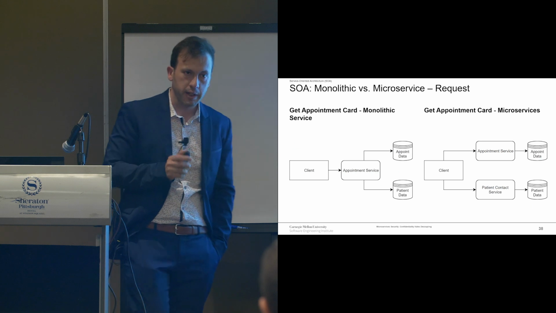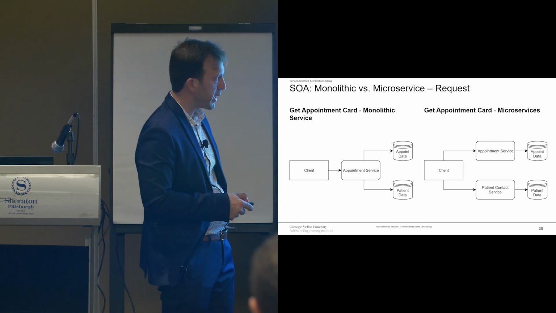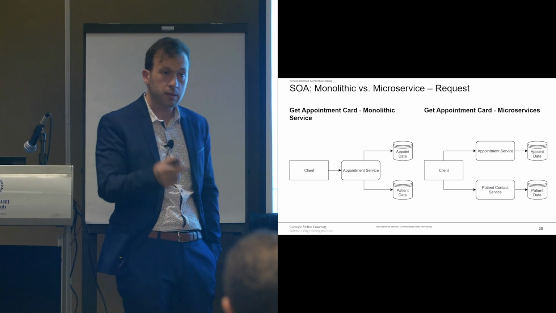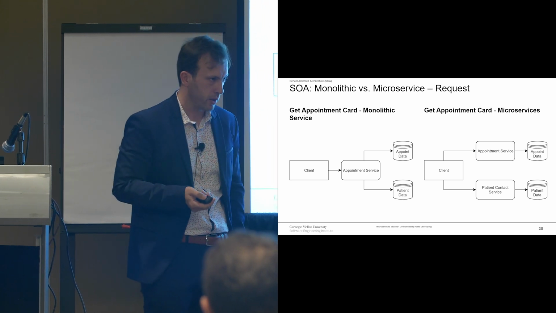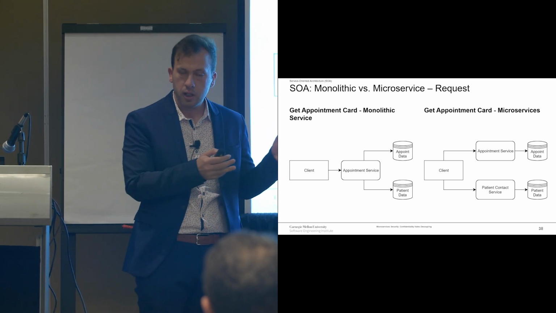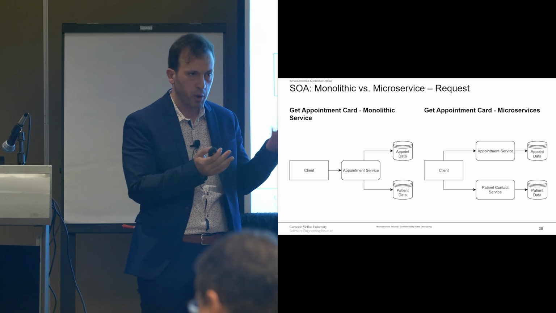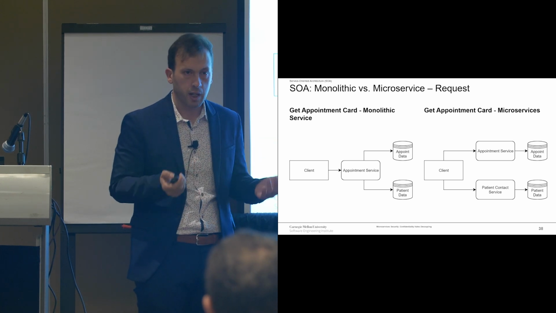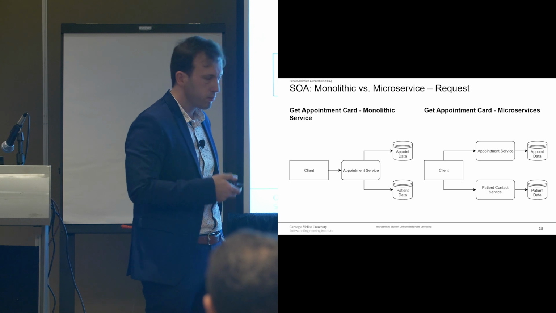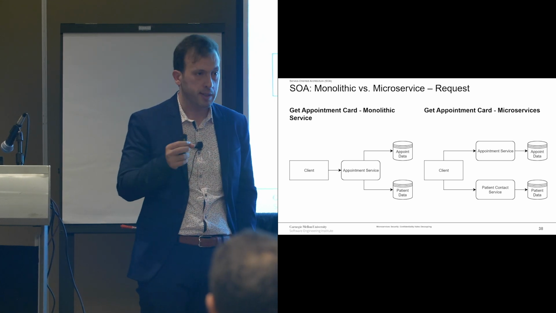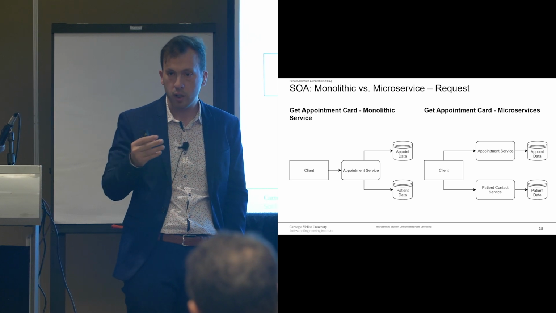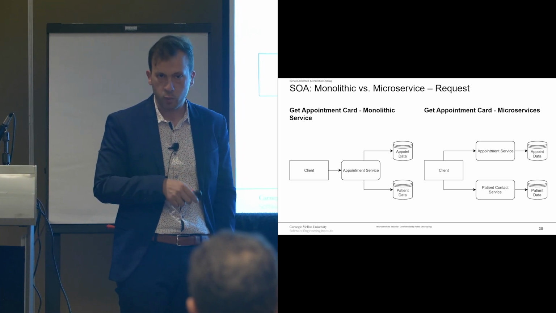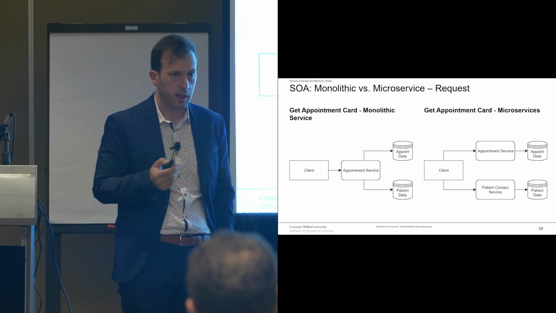Now, one more question is, one might ask, okay, how can the client make a list of IDs and request their data? Because the hospital application, the appointment management system, does not allow that. That's easy. They can use a standalone HTTP client and make requests directly to the service without using the hospital software.